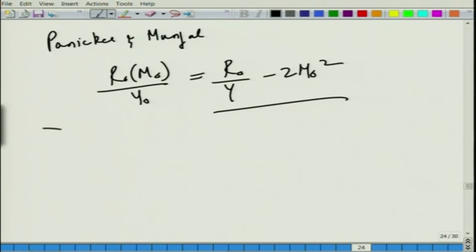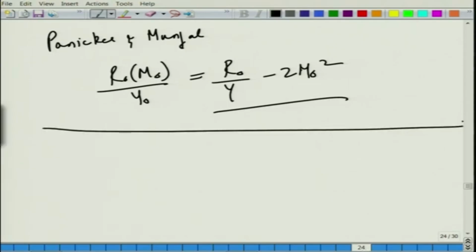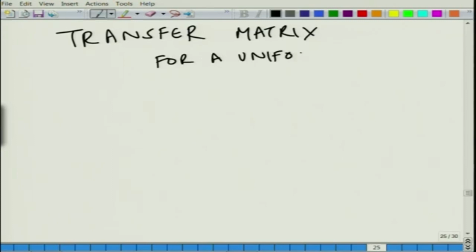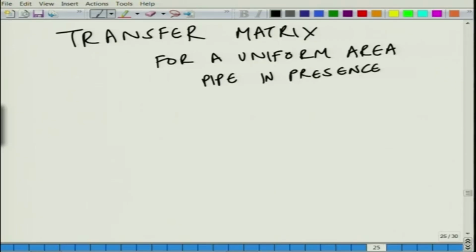So, our next topic in this lecture, before we complete this lecture, there are a couple more things to be covered, is basically development of at least the simple expression for the transfer matrix of a tube, transfer matrix for a uniform area pipe in the presence of flow.